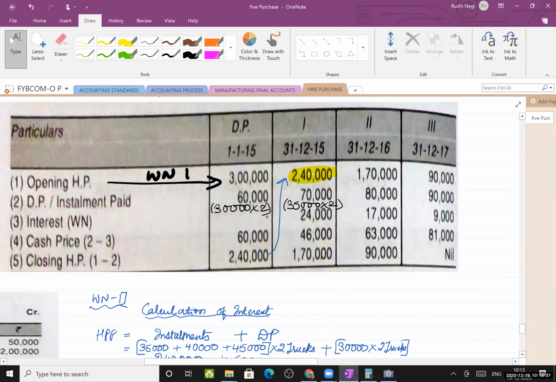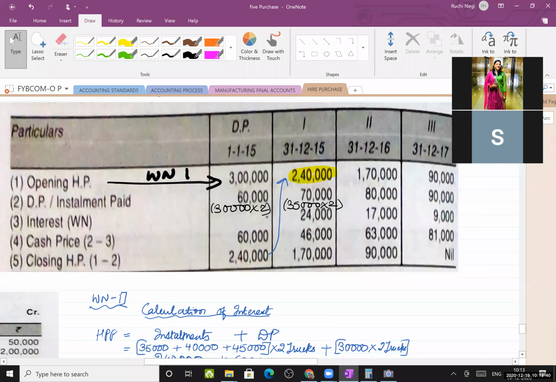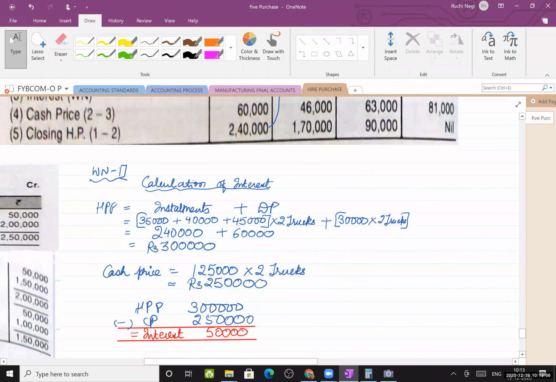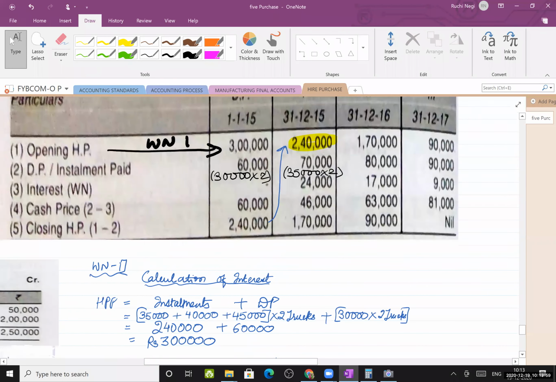Okay, don't calculate interest right now.